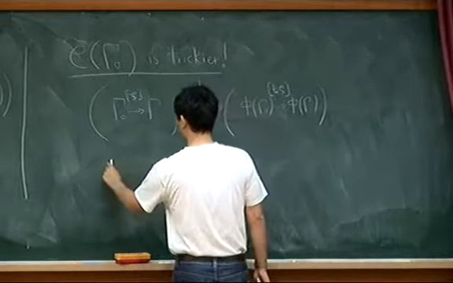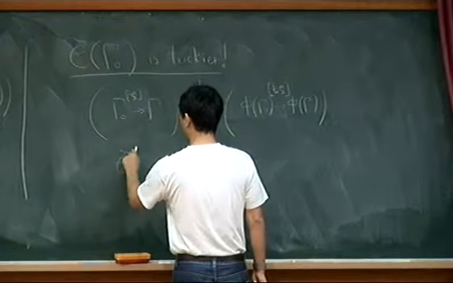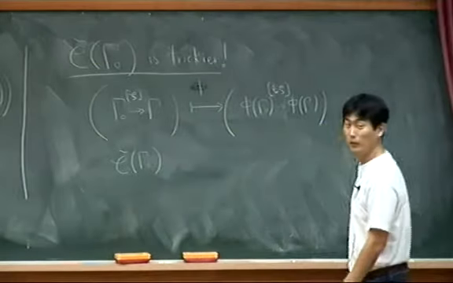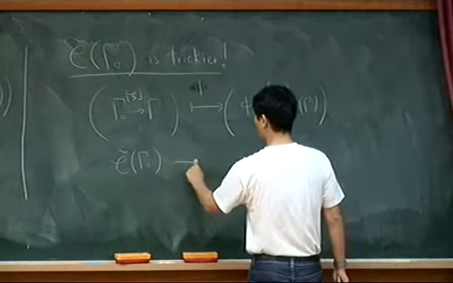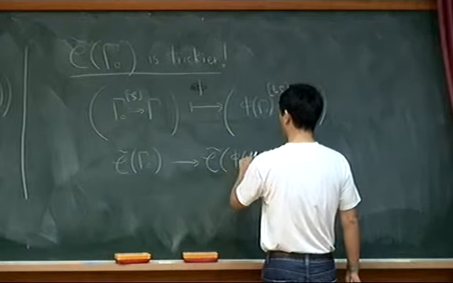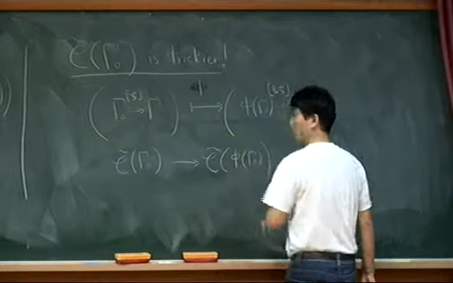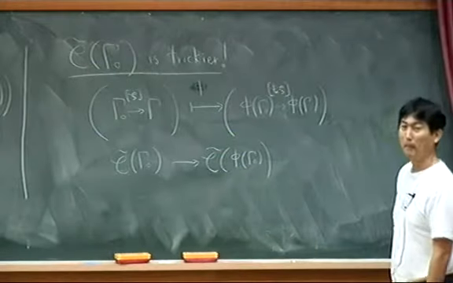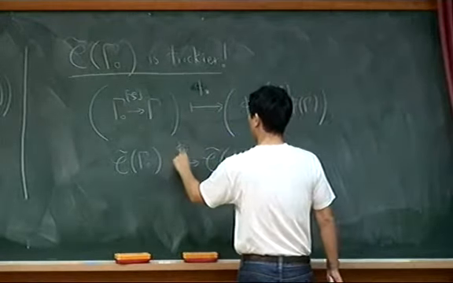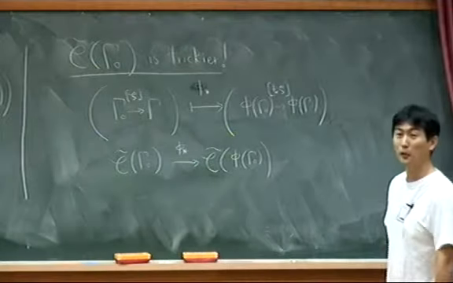But there's a problem. These are elements in C tilde of gamma naught, but you have some things which are no longer in C tilde of gamma naught. It's actually in C tilde of phi of gamma naught, so maybe I'll call this phi lower star. So far so good?